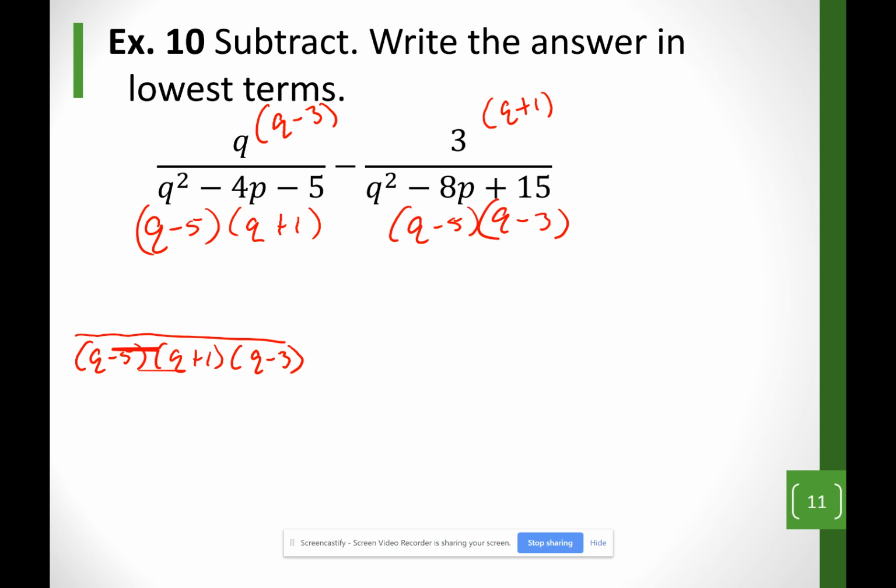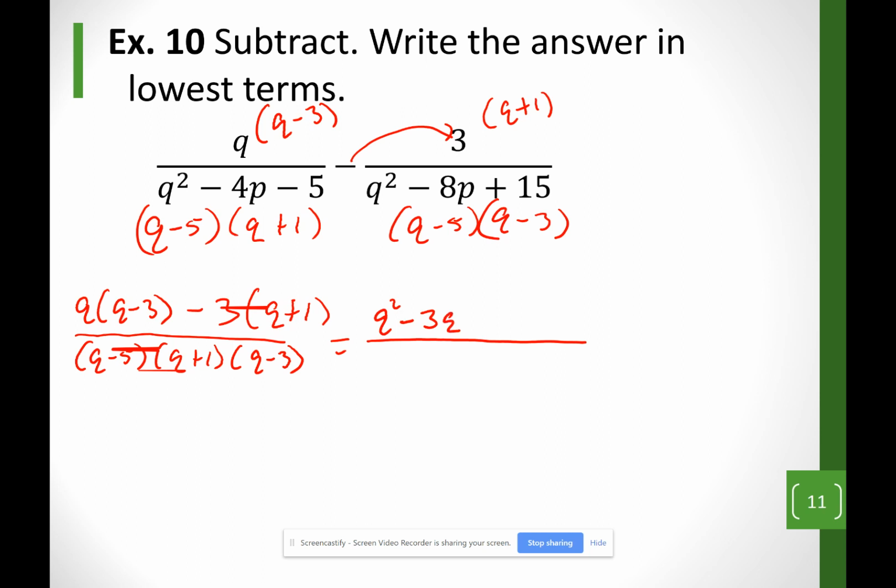So on the top, I have q times q minus 3 from the first fraction, minus 3 times q plus 1. Notice I brought out the negative to the top. Just looking at the top alone, get rid of parentheses, we have q squared minus 3q minus 3q minus 3.